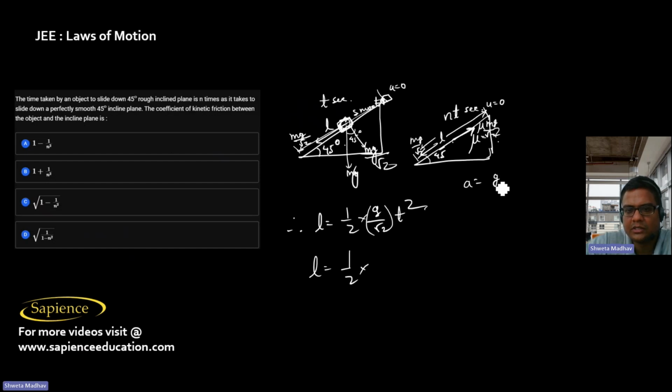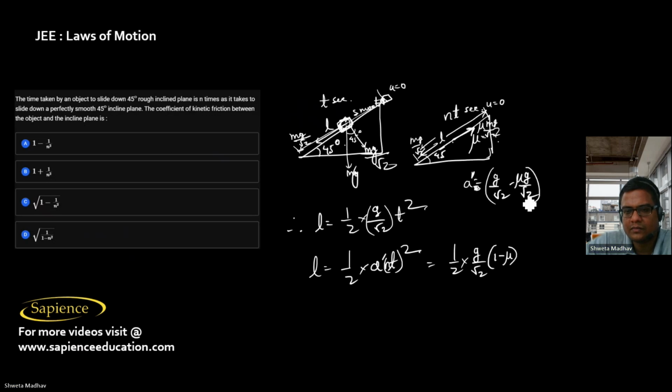So this will be g by root 2 minus mu g by root 2, the net force by mass. So this is the acceleration in the second case. I can call it a dash. So it is half into a dash into nt square. So that is half into g by root 2 into 1 minus mu, into n square t square.